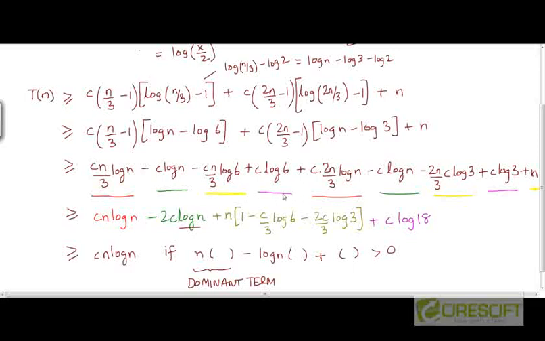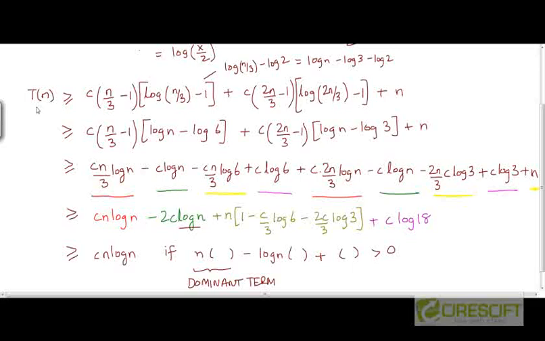And finally these 2 pink terms are constants by themselves without any power of n or log n term inside. They are pure constants. So we can group them together, and if we take c common, we'll get log of 6 plus log of 3, which is log of 18. 6 times 3.